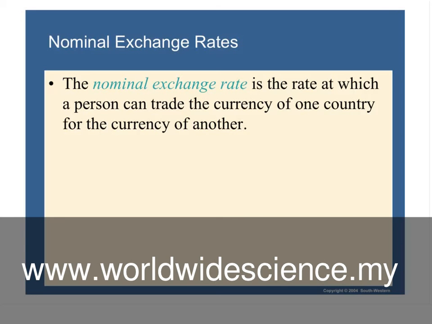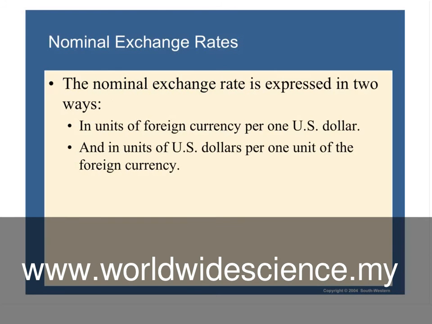So the nominal exchange rate, as we said, is the rate at which a person can trade a currency from one country for another country's currency. The nominal exchange rate is expressed in two ways: in units of foreign currency per US dollar, and in units of US dollar per one unit of foreign currency.